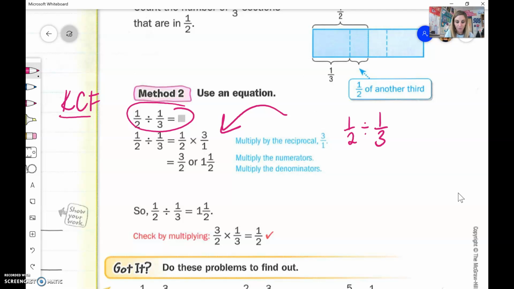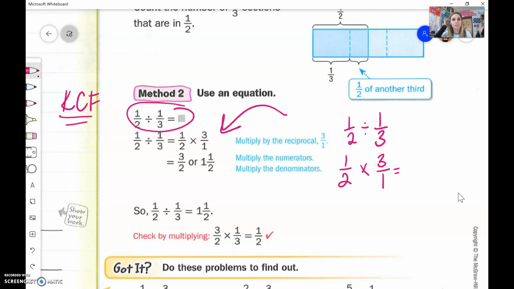So if I'm following the keep, change, flip, keep the first number, change the division to a multiplication, and flip the 1/3 to 3 over 1, which means the reciprocal. Keep, change, flip. It just sounds better than keep, change, reciprocal. I don't know, keep, change, flip. Just something to kind of help you remember.